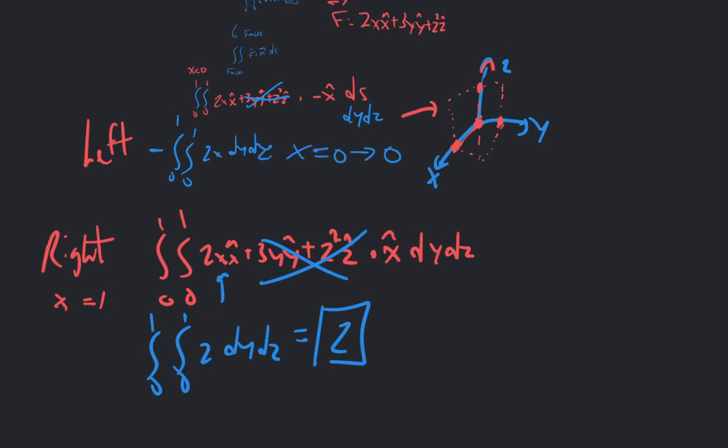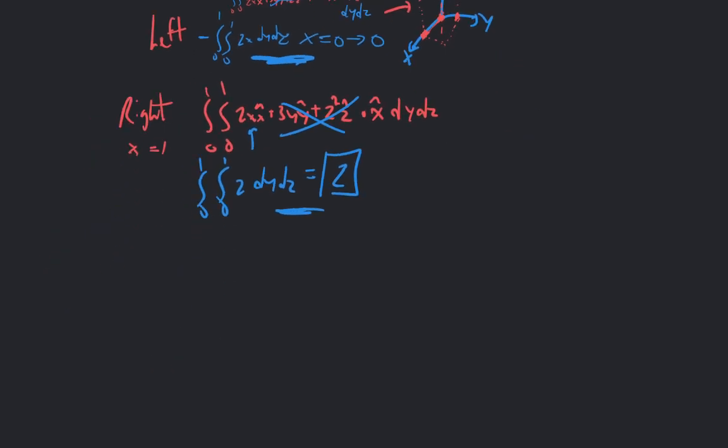So far we have 0 because x was equal to 0, and 2 because x is equal to 1.